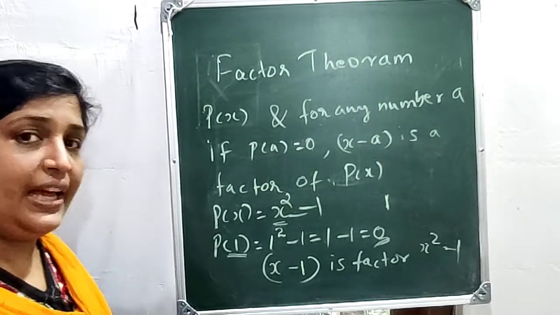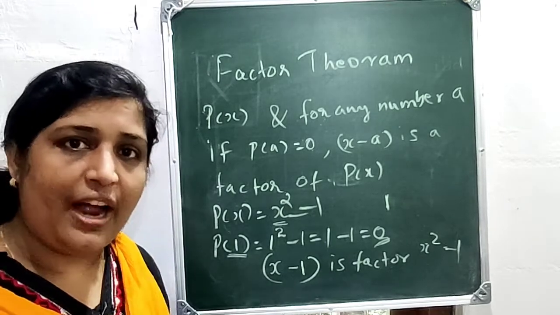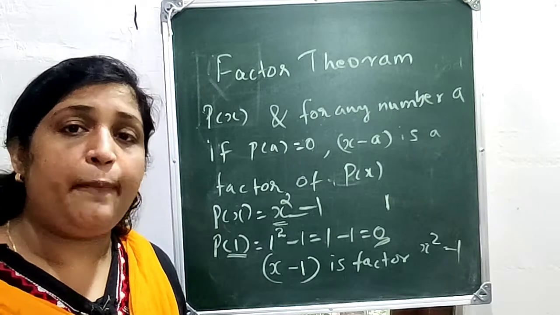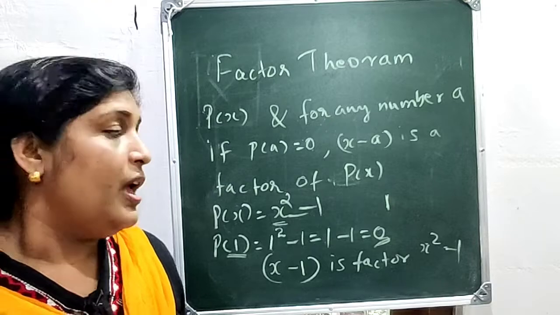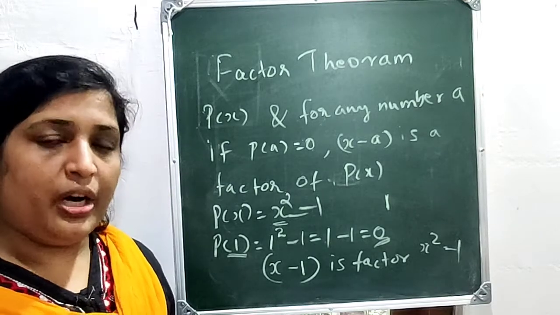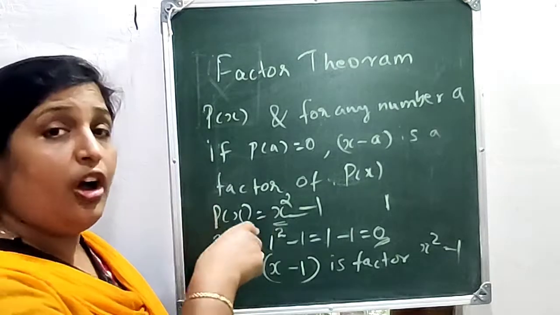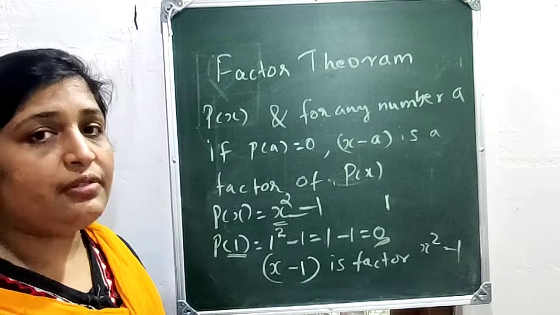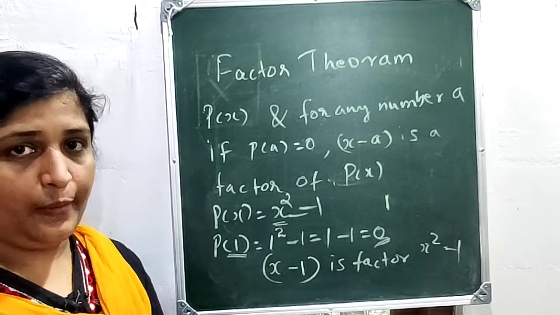So how do we check whether a first degree polynomial is a factor of a second degree polynomial? If we subtract a number from the variable, and P of that number is 0, then we can say that the first degree polynomial is a factor of the second degree polynomial.